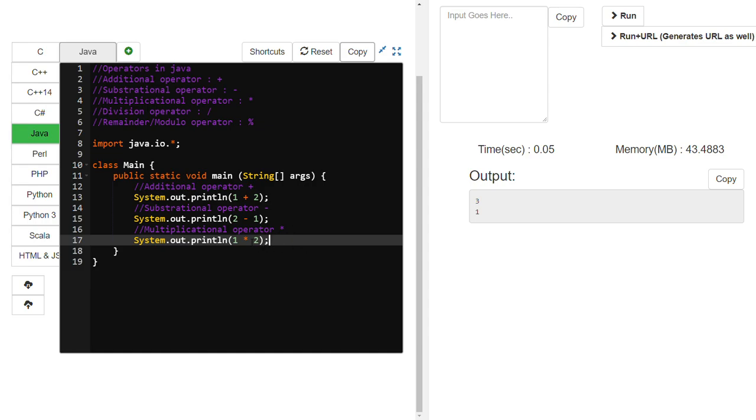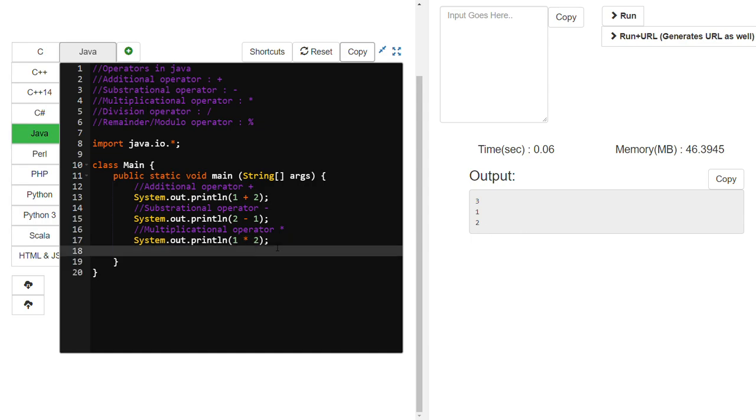You can use any number, but for simplicity, I am using 1 and 2 only. You can use any digit. Those are the integers I am giving. Compiler also knows those are the integers. 1 into 2 is 2. Okay.